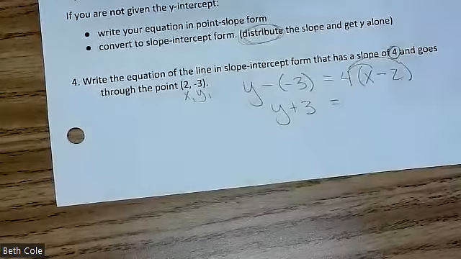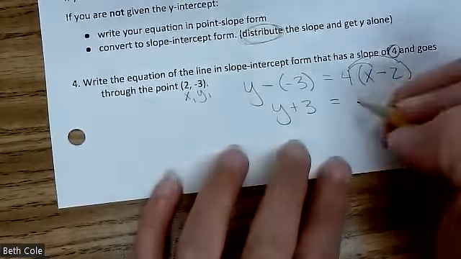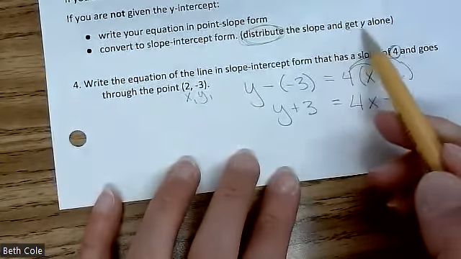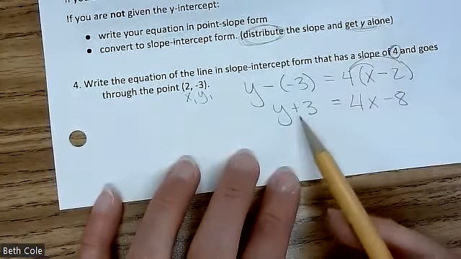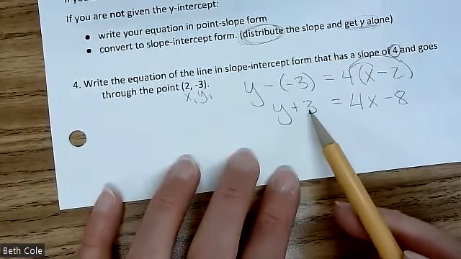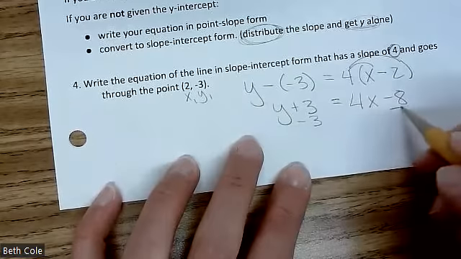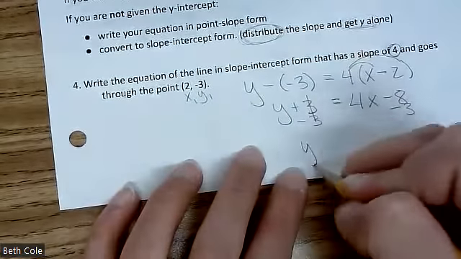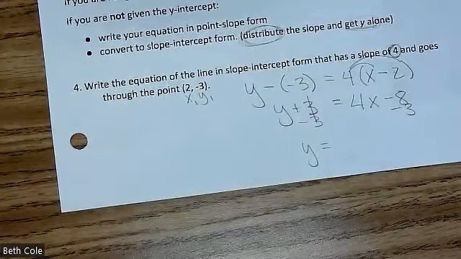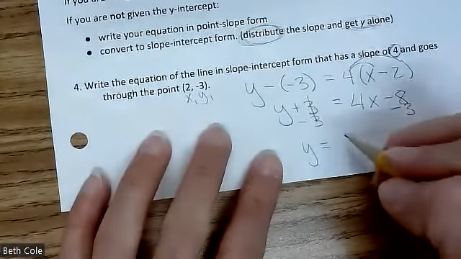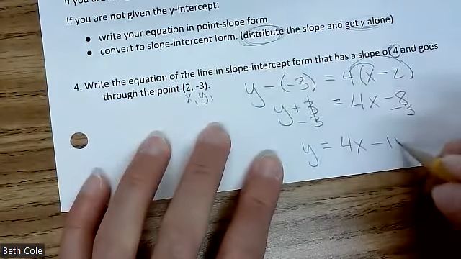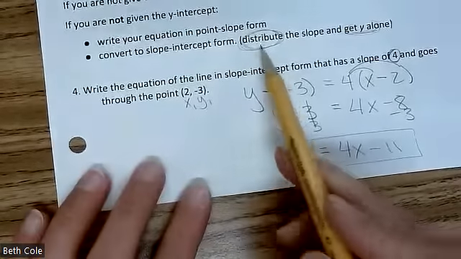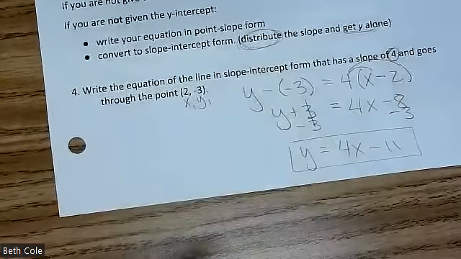So if you distribute that 4, what are you going to get? 4x minus 8. And then you need to get y alone. So how would you get y alone? Subtract 3 from both sides. Y equals, which was our whole goal, 4x, negative 8 and negative 3 is negative 11, and that is your answer. So you write it out and you distribute the slope and then just get y alone.